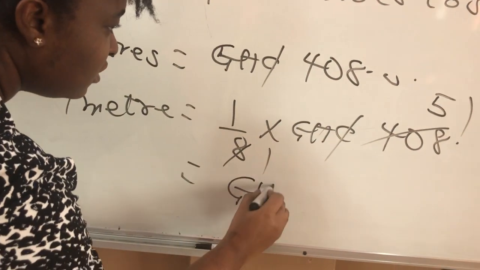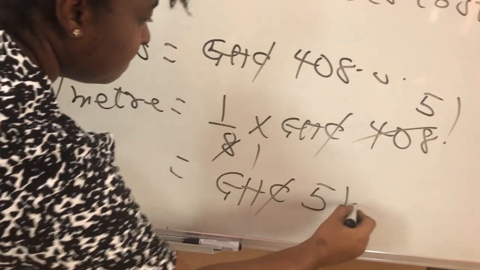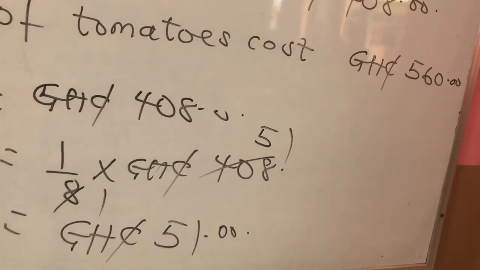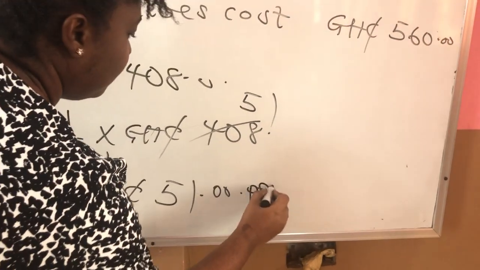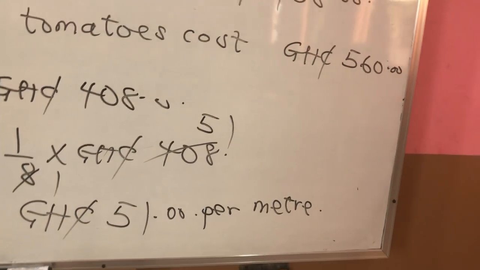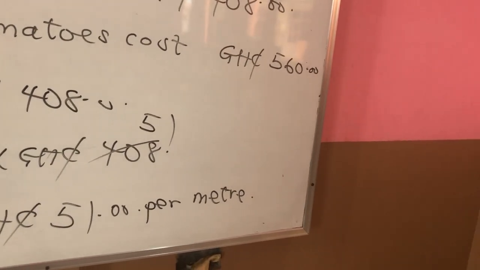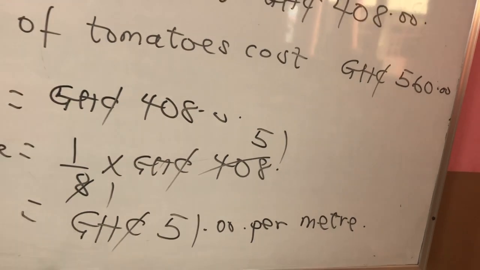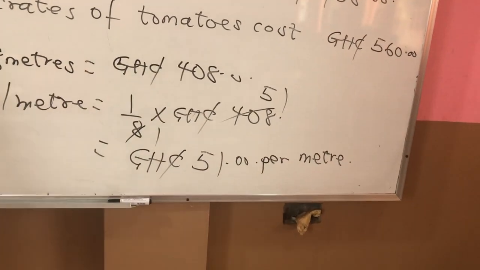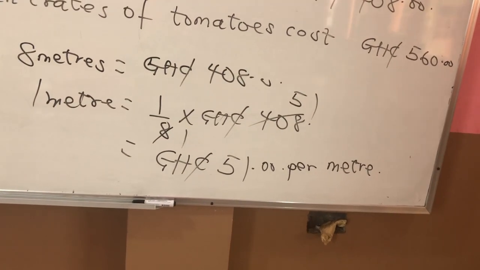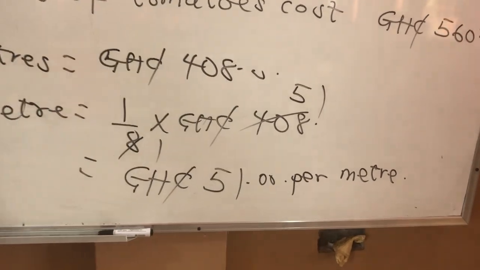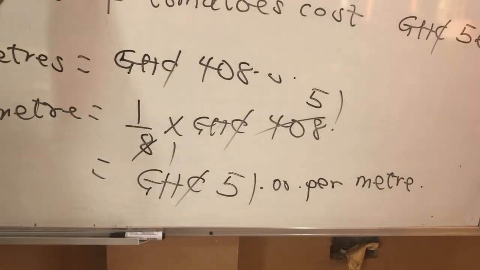So we have 51 Ghana cedis per meter. All right, so that is it. So that means if 8 meters of cloth is costing 408 cedis, then 1 meter of the cloth is 51 cedis. Let's take our last question for the day.